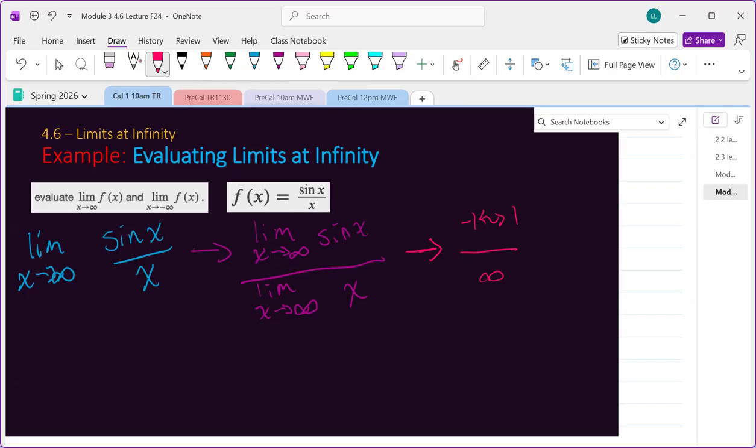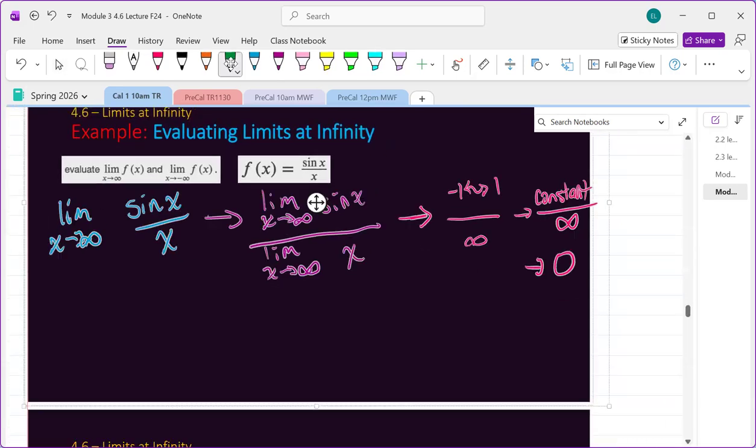So any sort of constant divided by infinity goes to 0. Now, if it was some other trig function, like cosine would also go to 0, but if it was any of the other guys, all bets are off.